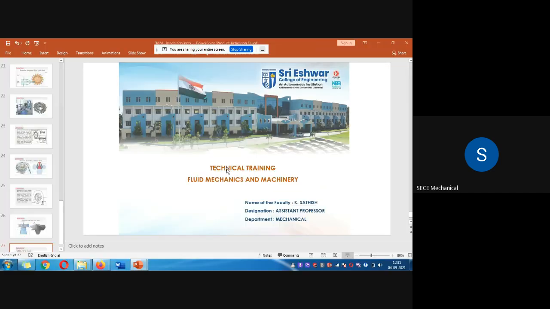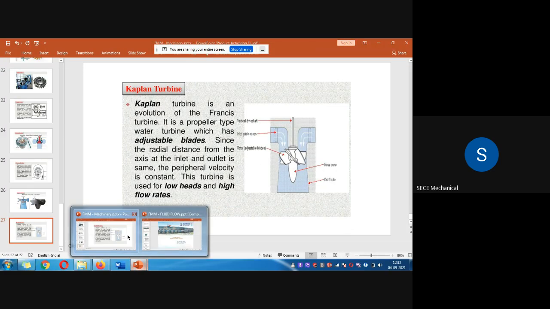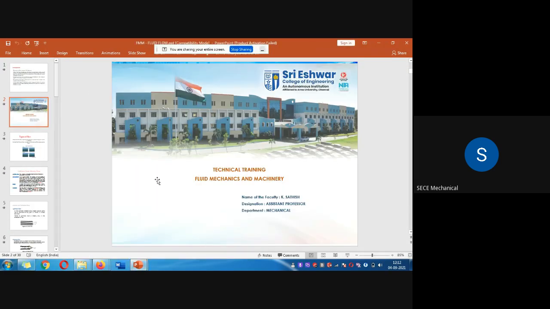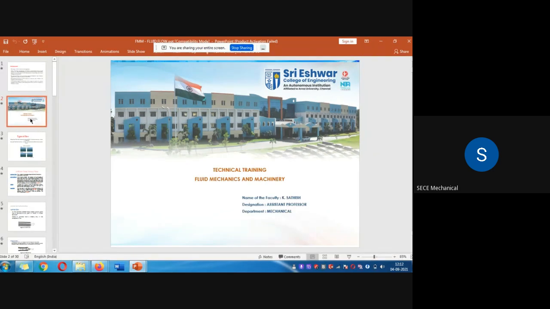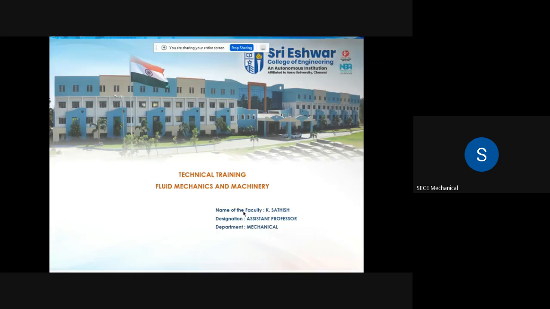To the next set of classification here. Right. So far we have discussed pumps and turbines, that is the general overview. Now we are moving on to kinematics of flow, right?